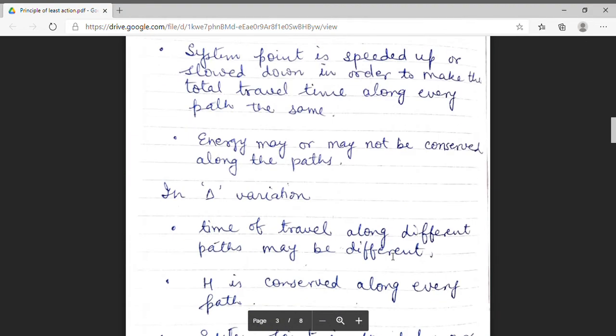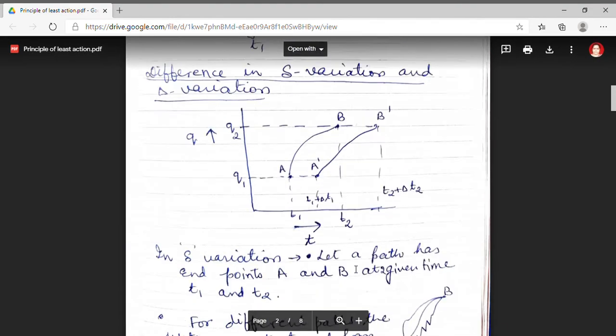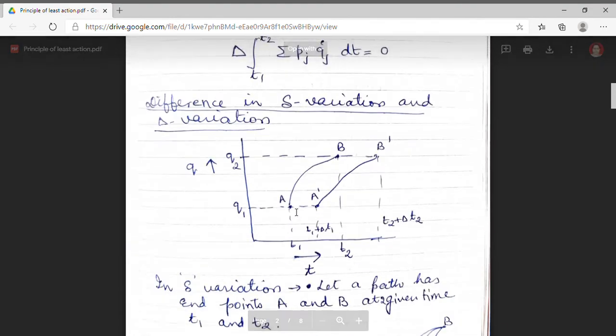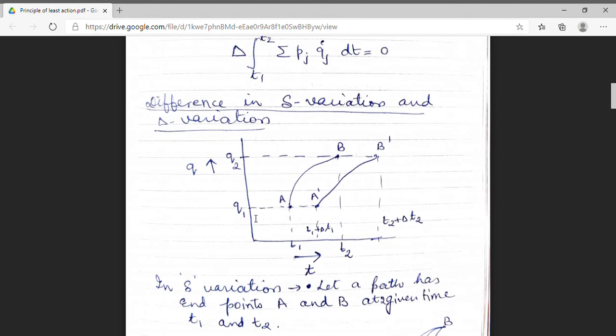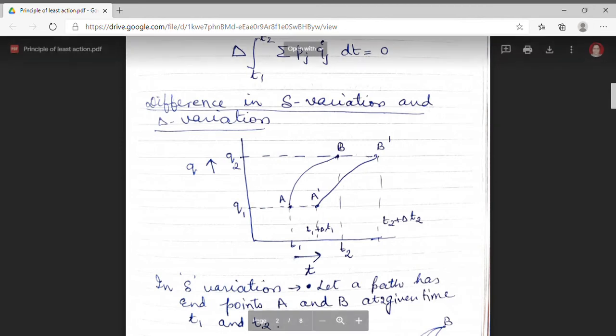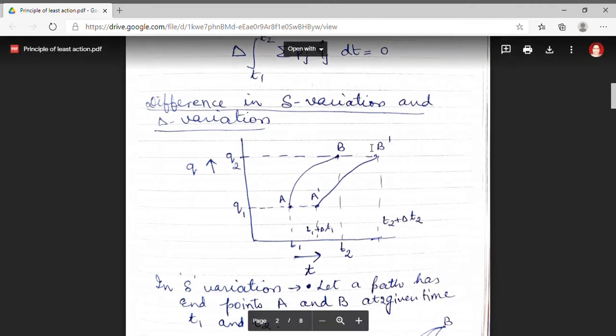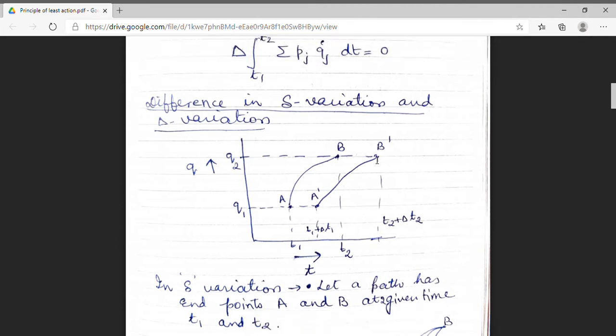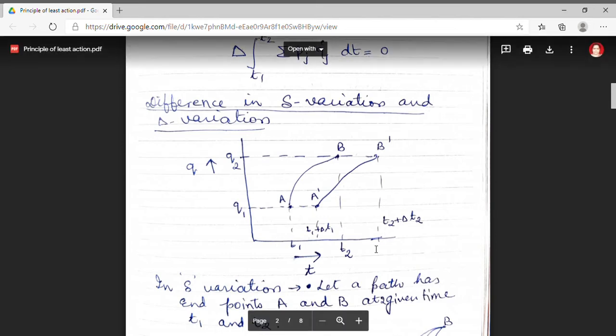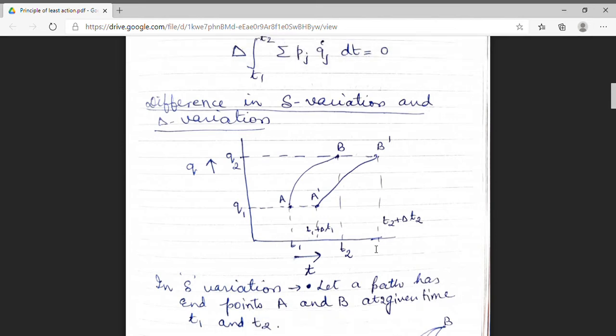So in delta variation, the time of travel along different paths may be different. Endpoints are the same. For the path AB, the initial point is Q1, and similarly for path A dash B dash, the initial point is Q1. And for the path AB, the final point is Q2, and for the path A dash B dash, the final point is again Q2. But we can clearly see from the x-axis, on which we have drawn time, that the time of travel for these two paths is different.